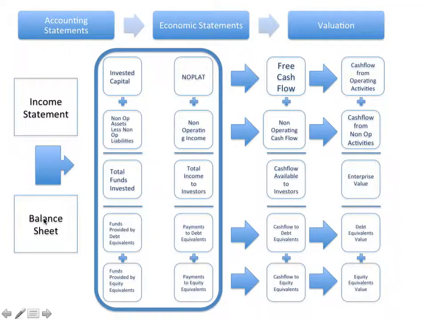So we'll start out with the balance sheet. So we're going to take a balance sheet and we're going to basically strip it apart and put it back together into this economic McKinsey-based format. And it's going to create a statement called TFI, Total Funds Available to Investors, or Total Funds Invested. And the idea is that it's just a rearranged balance sheet.